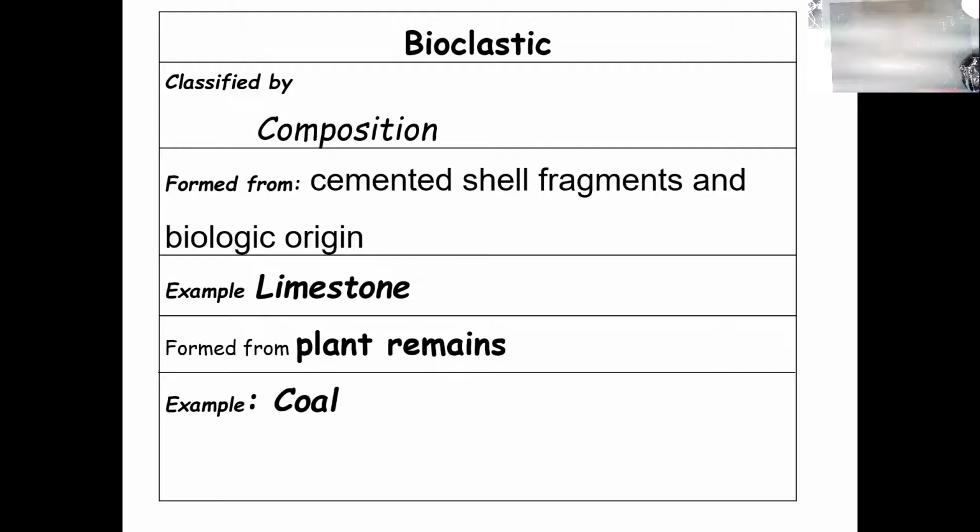So make sure you get all of these onto the chart on page 26. So at the bottom of page 26, there's a few things you got to know about sedimentary rocks.